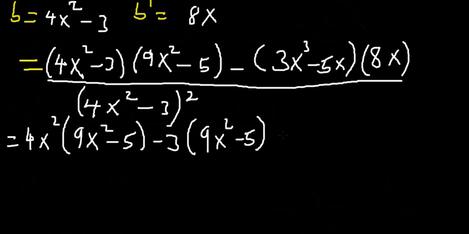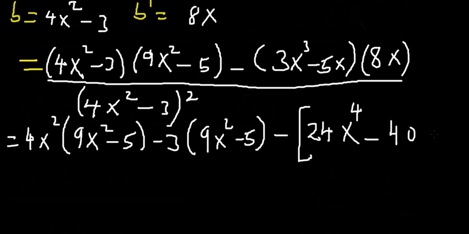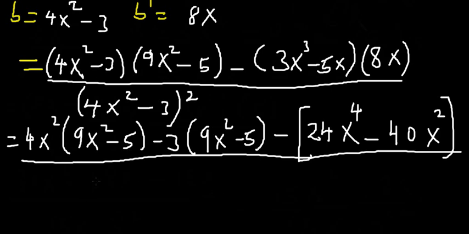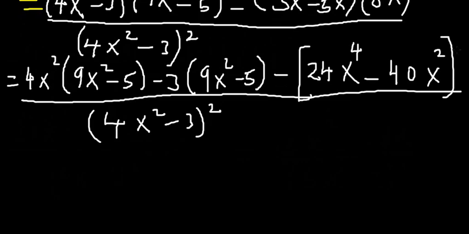So for this other part, we're going to have negative 24x to the 4th power, and then minus, this will be 8 by 5, 40x squared, and then all over 4x squared minus 3 squared. So let's work out this.